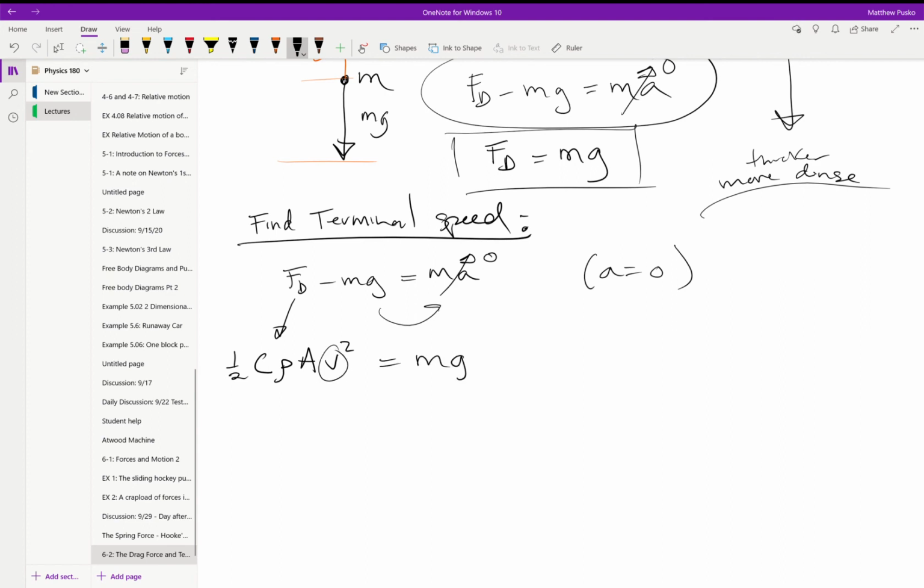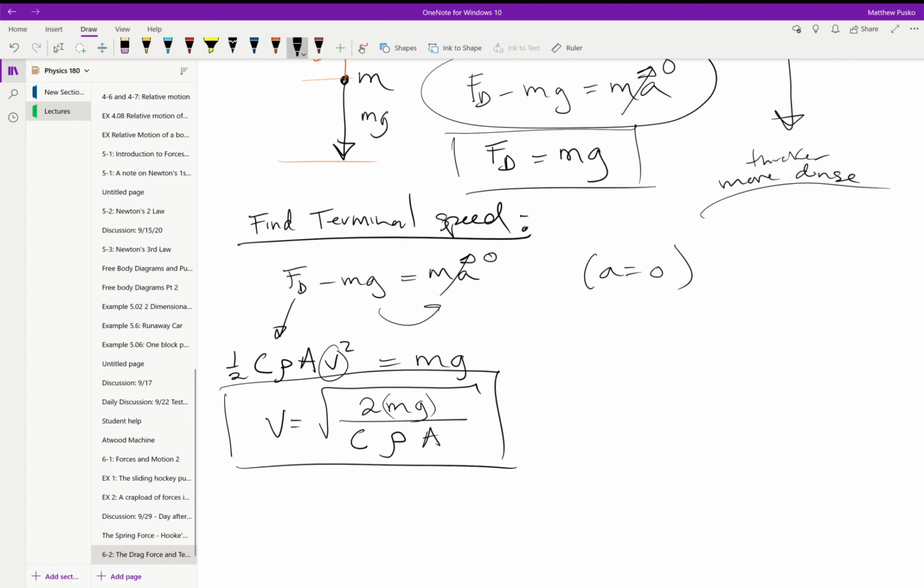Now we can solve this for the velocity, and doing so would give us the square root of 2 times mg, or the force of gravity, all divided by the coefficient of drag times the density of air times the cross-sectional area.